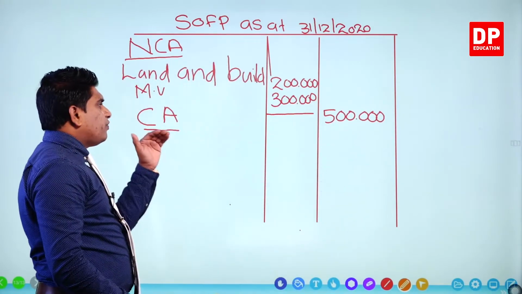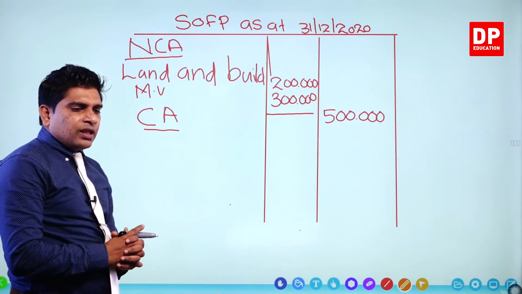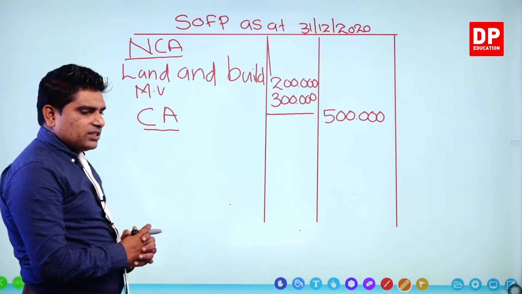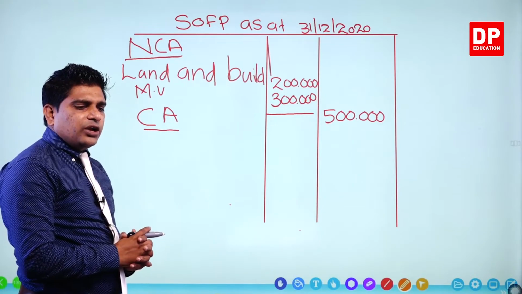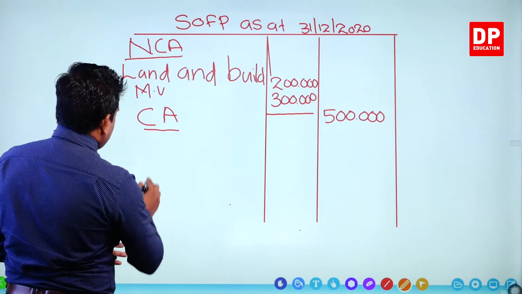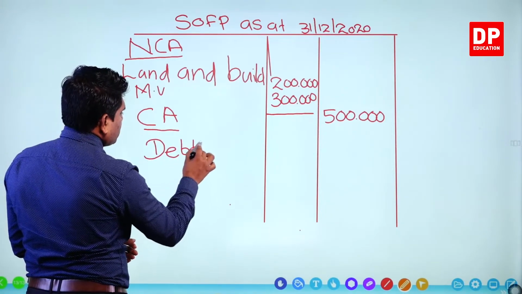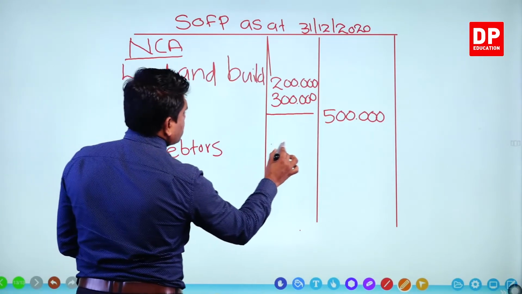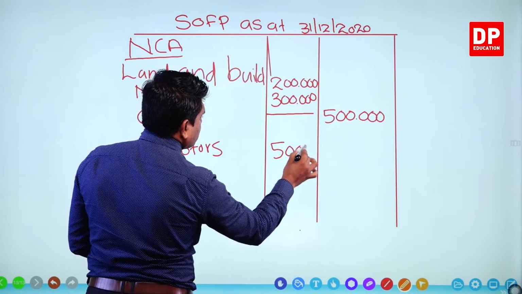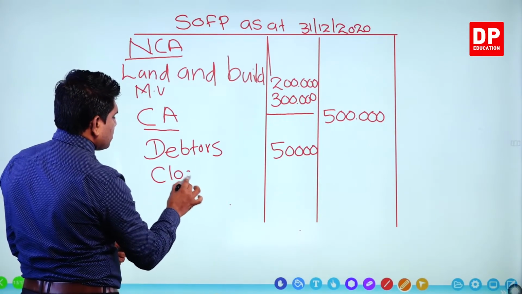Okay. Now we can take the details from the current assets area, right? Under the current assets, there are two. What is that? Debtors and closing stock. Debtors 50,000. The other one is closing stock.